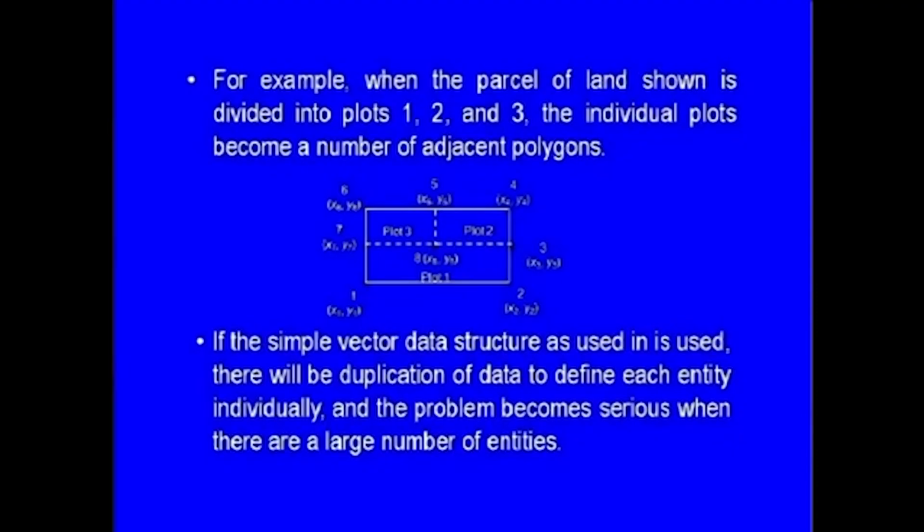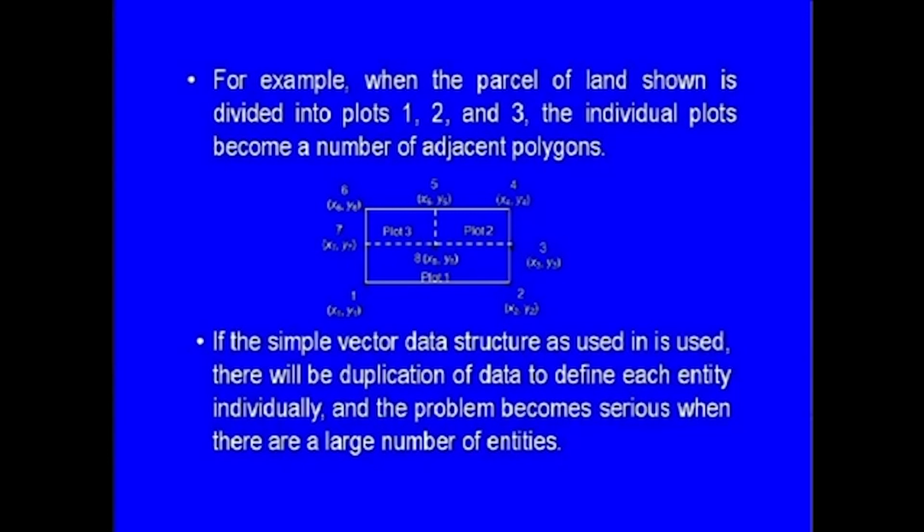For example, now what we can do is divide the land parcel into different segments. Say the land is divided in such a manner that along the edge 3, 4 at the center there is a division.